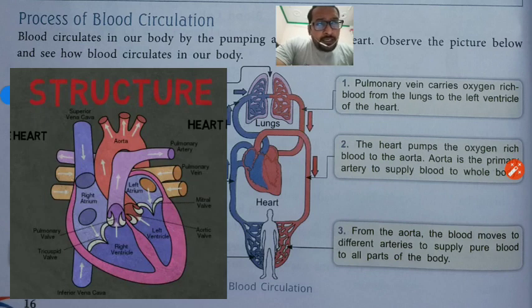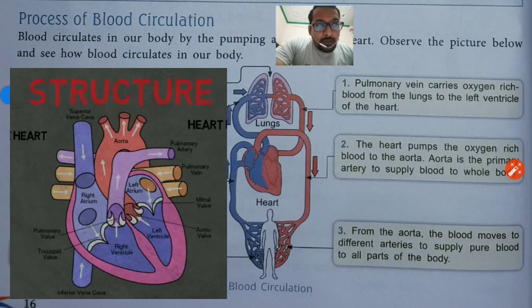Then you see point number 2, the heart pumps the oxygen-rich blood to the aorta. Aorta is the primary artery which is used to supply blood to the whole body.